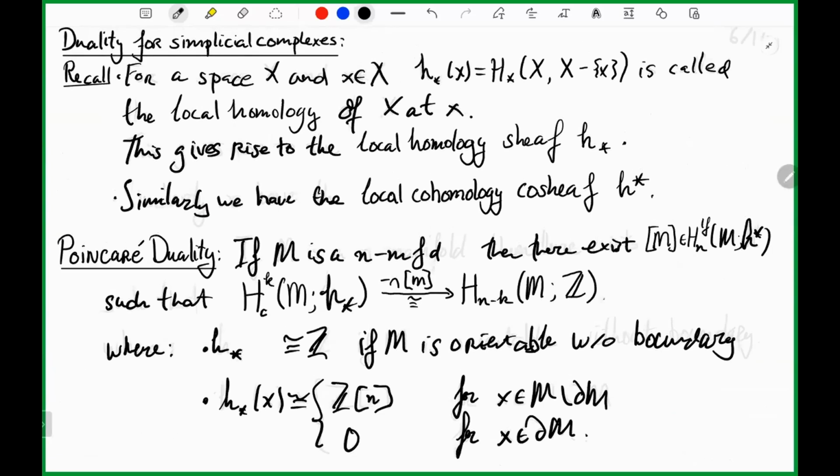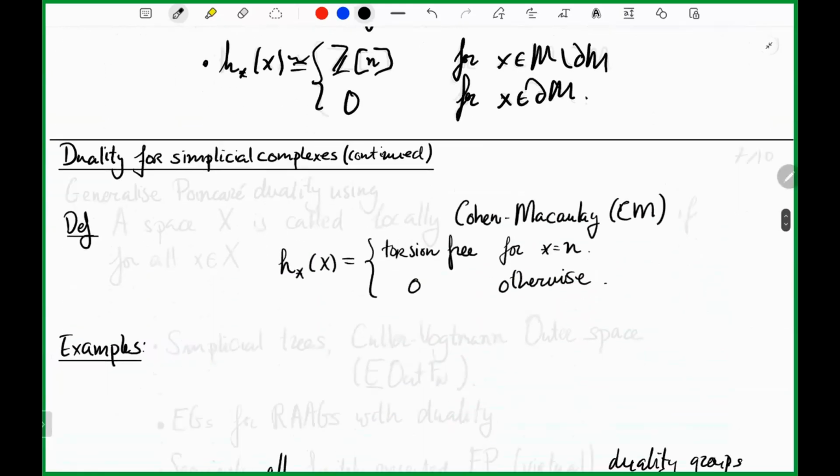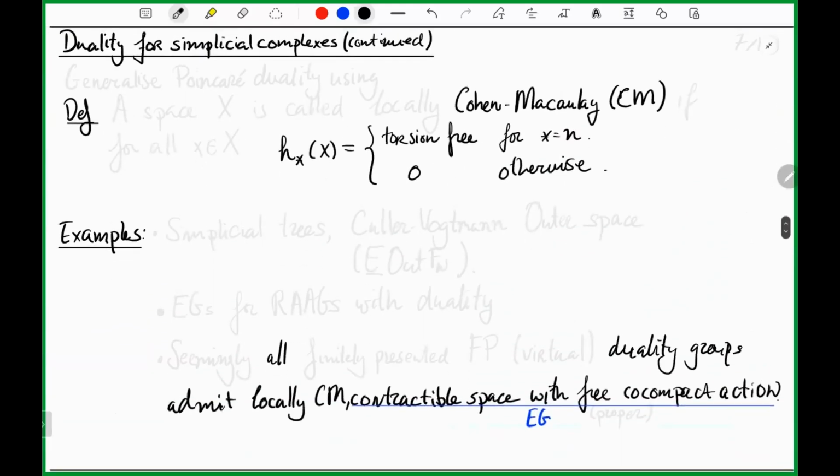Okay, so the reason I stated it this way is that this leads to a nice way of generalizing Poincaré duality using the following definition.